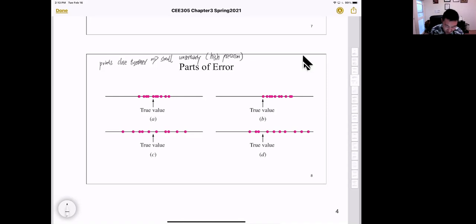Another thing we can notice is the true value is pretty much close to the average value of these 10 measurements. In other words, the 10 measurements are centered near the true value.